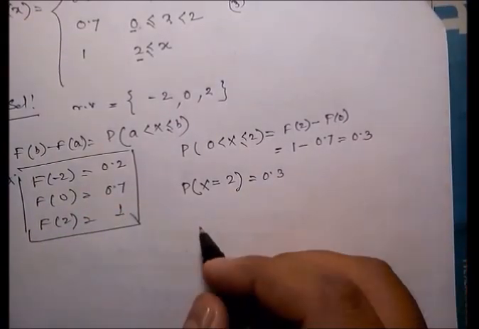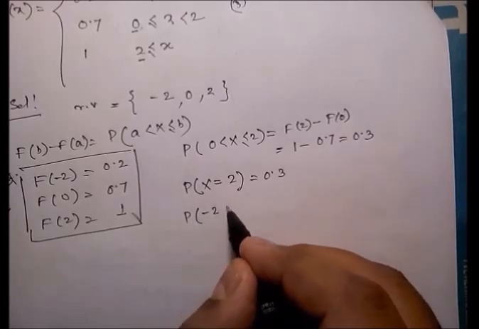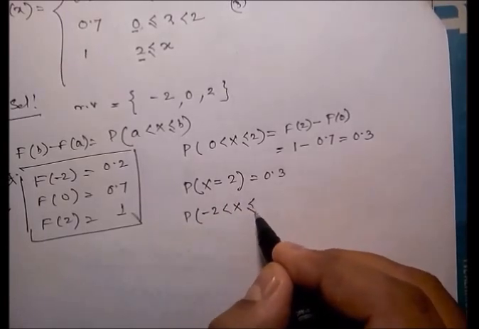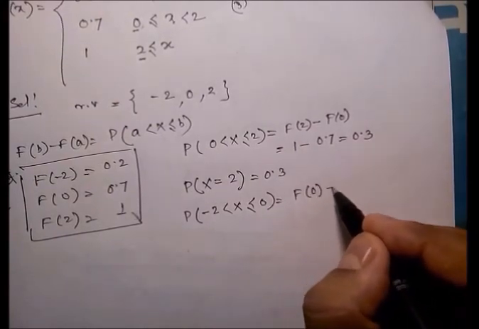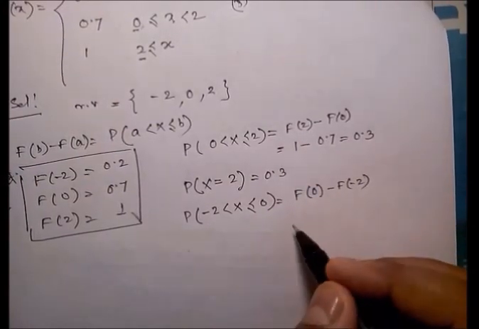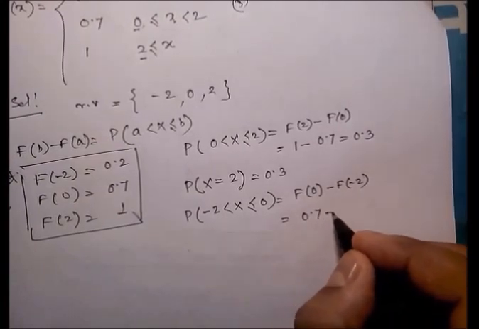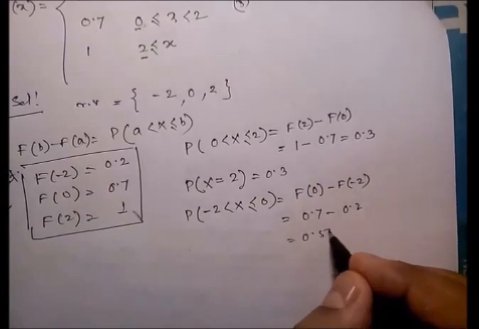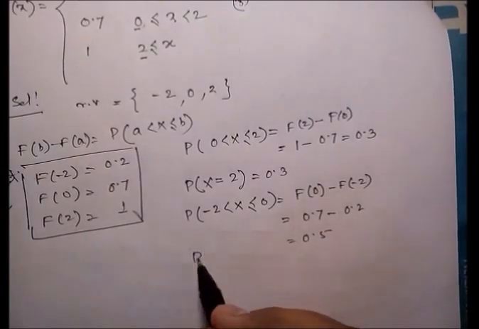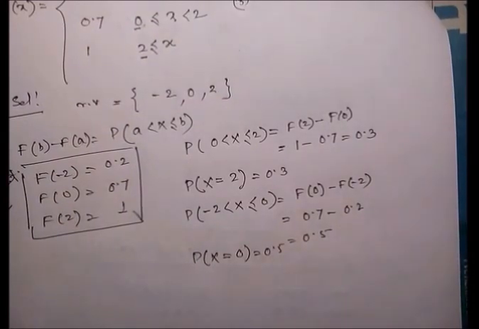Similarly, the probability of minus 2 < x less than or equal to 0 is equal to F(0) minus F(minus 2). Clear? So F(0) is what? 0.7, F(minus 2) is 0.2. It is 0.5. So the probability of X equal to 0 is 0.5.